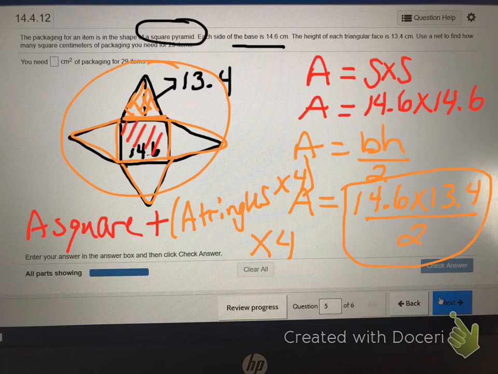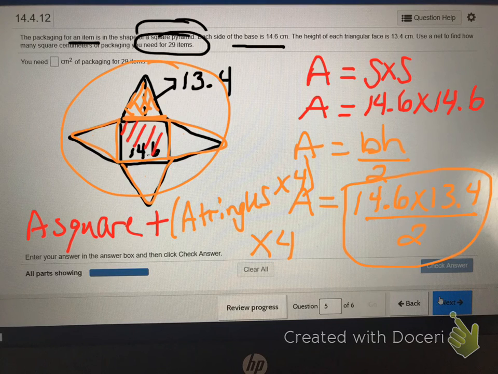But then we have to remember that the question says, how many square centimeters of packaging do you need for 29 items?